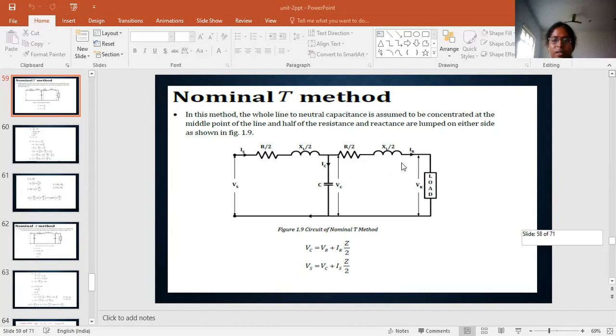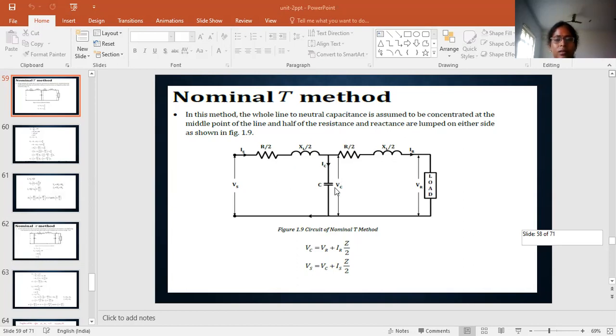This is one equation, and from the circuit diagram, write the equation for VC equal to the receiving end voltage VR plus some drop. Adding the drop with VR, we can get the value for VC.